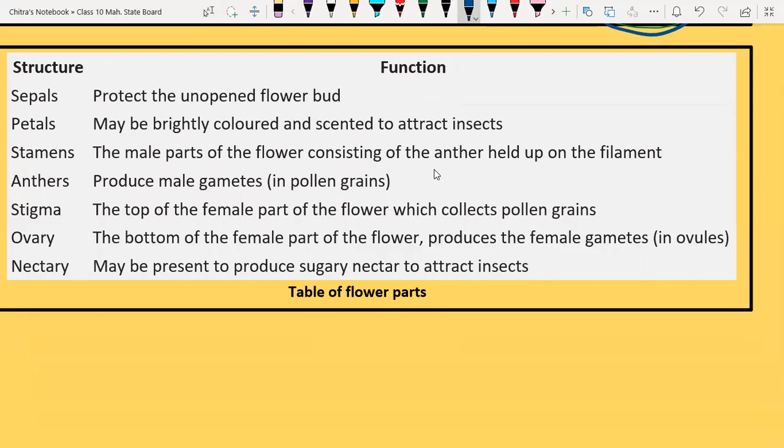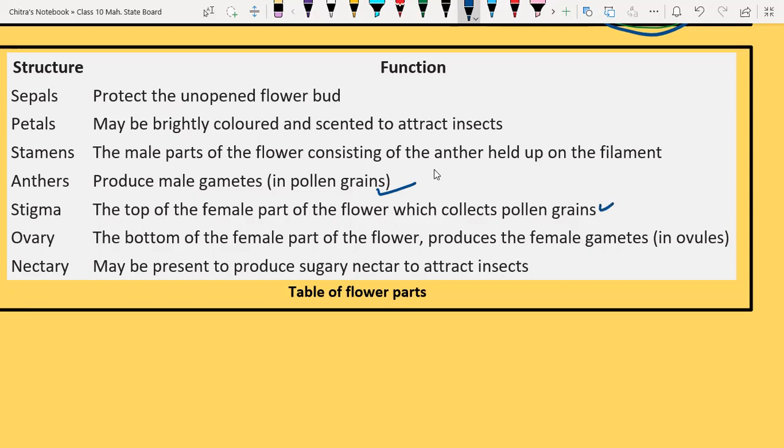Stamen, the male part of the flower, consists of the anther held upon the filament. Anther produces the male gamete, which is nothing but the pollen grains, and pollen grains contain the male gamete called the male germ cell. Then we have stigma, the top of the female part of the flower, which collects the pollen grains that we have already gone through in the video.